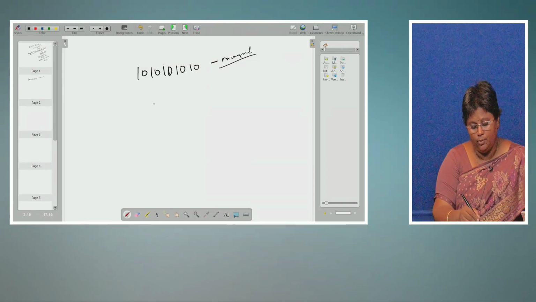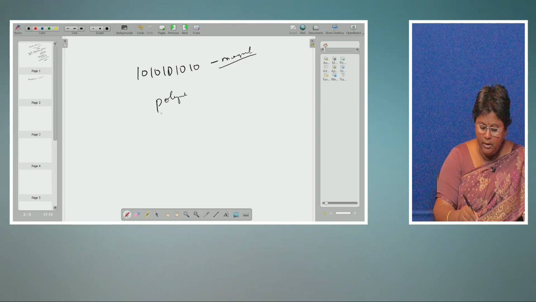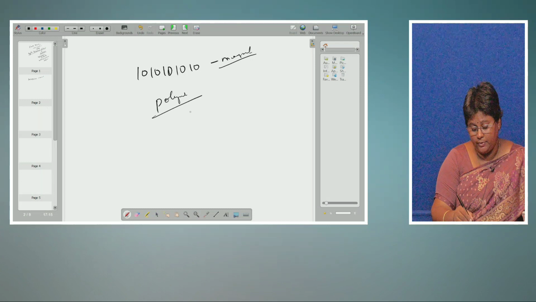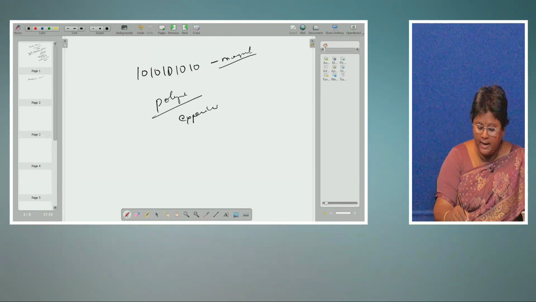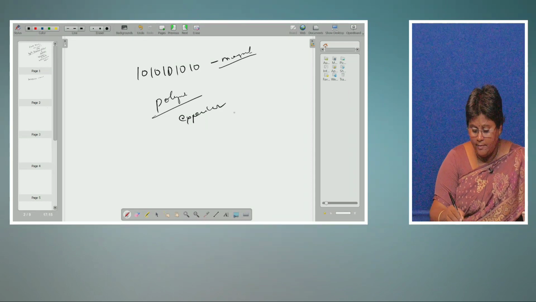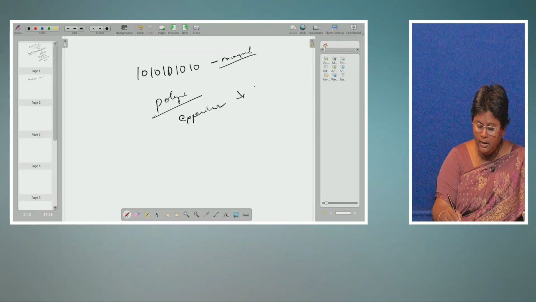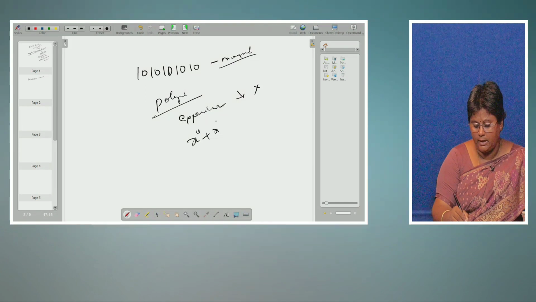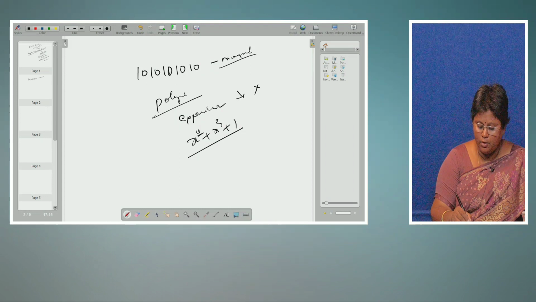So what I do is take a polynomial. What is a polynomial? A polynomial is a function, an equation, an expression having higher orders. Now if I take a polynomial like x power 4 plus x cube plus 1, the highest order of this polynomial is 4.